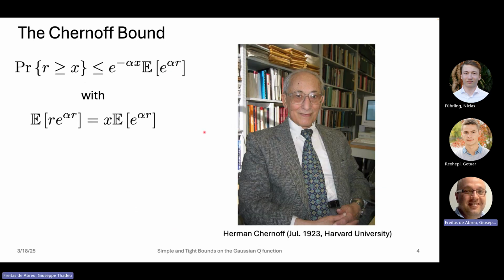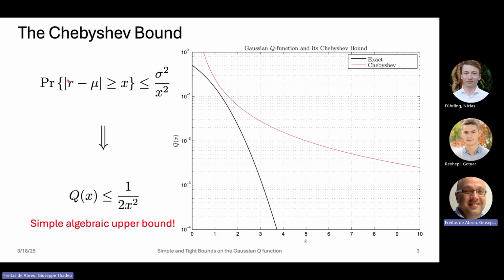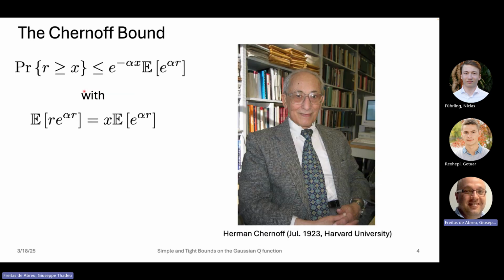So another interesting bound that one can consider is the Chernoff bound. That was discovered by Professor Hermann Chernoff from Harvard University. And what he's essentially suggesting is that you can obtain a bound, and interestingly, differently from the Chebyshev bound, this is a single-sided tail integral bound. Yeah? The other one was a bound on the integral on both sides of the distribution simultaneously.